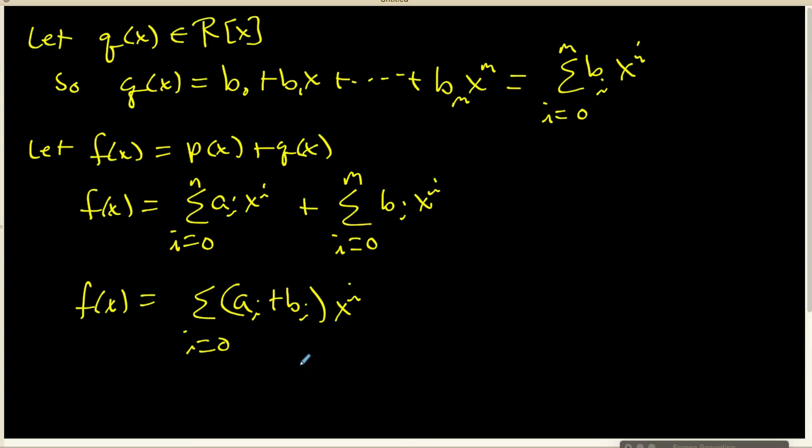But now we've got those leftover terms. Suppose this one is bigger, then I've got some b_i's that don't have an a_i to add to. But if this is bigger, then I've got some leftover a_i's.